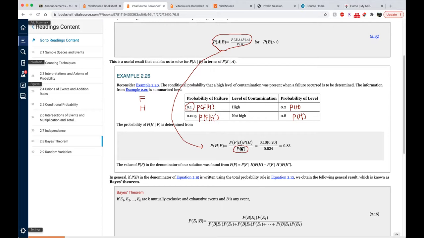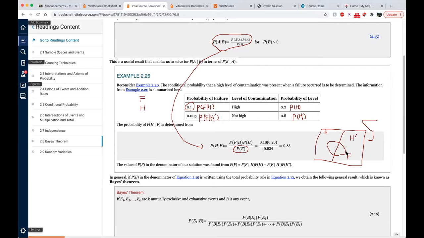To figure this out, we're going to use total probability. Remember the sample space S, capital letter S, with F here and H here. We can classify all the outcomes or parts into two groups: high contamination and not high contamination.